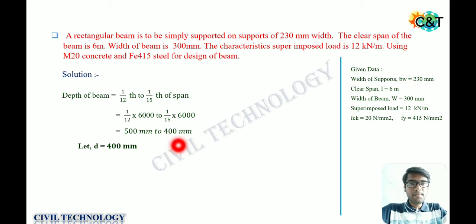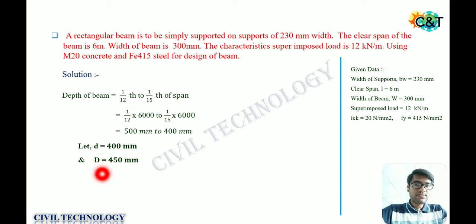depth of the beam. Next, if we require, we can revise the depth. But as of now let's take the 400 mm depth and consider the overall depth as 450 mm, meaning we consider a 50 mm cover along with this effective depth.